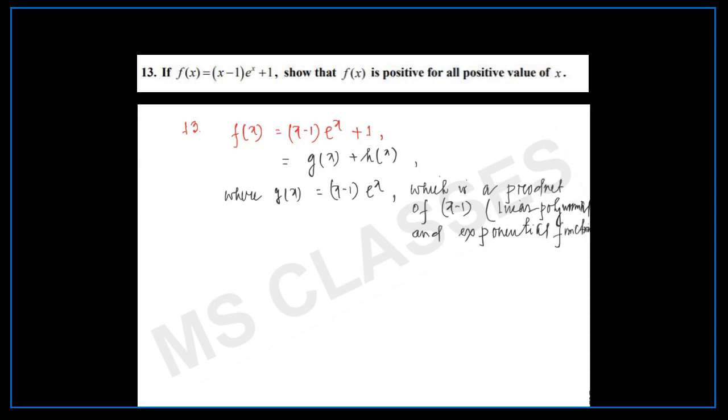Therefore, it is differentiable in R. Now, h(x) is a constant function, so it is differentiable.